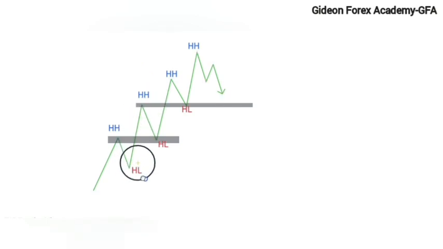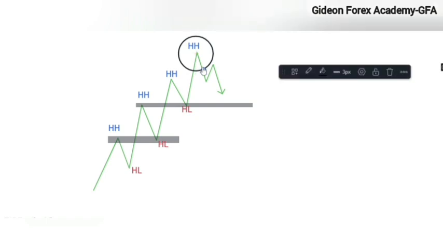Without this, the higher low would not be valid. Now we have another higher low here. Why is this higher low valid? It's because after this higher low, there is that higher high. And this higher low is valid because after it, you have that higher high.